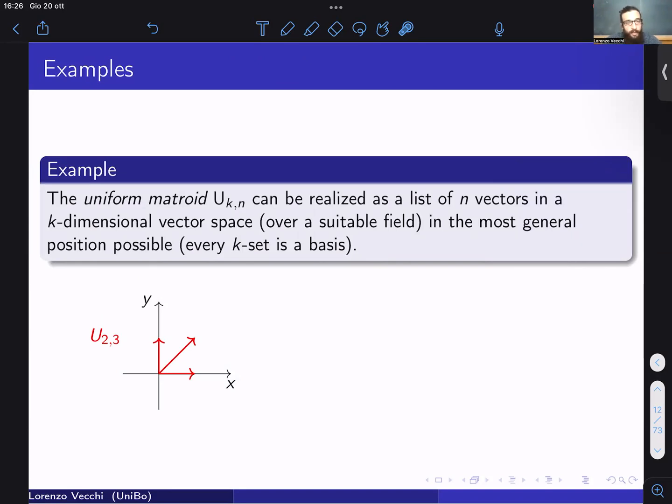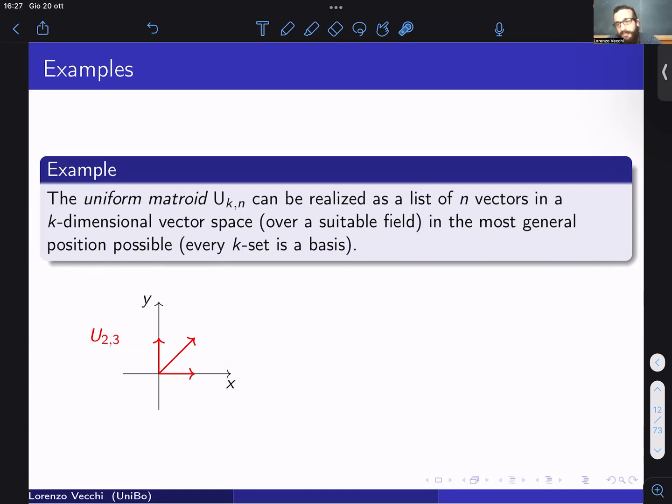Okay. So now we can give some examples of matroids. The first one and the easiest one, that will also be a recurring example in this talk, is the uniform matroid. It has 2 parameters. We fix K, the dimension of a vector space, and then we take n vectors in this vector space in the most general position possible.